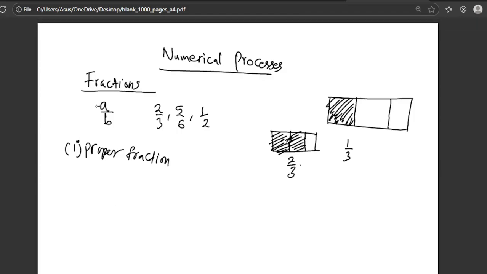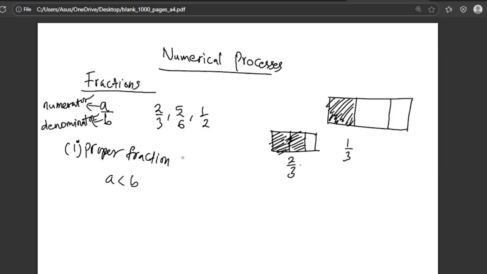The upper part is called the numerator. The lower part is called the denominator. Numerator and denominator.